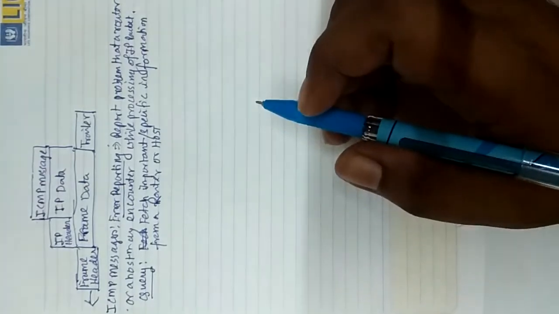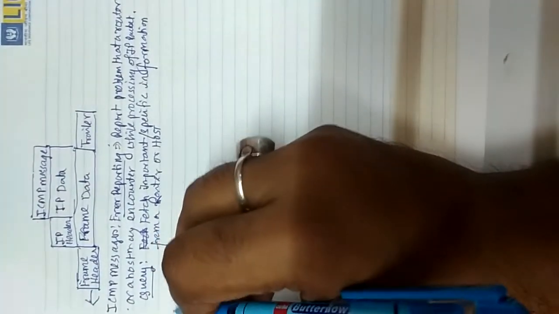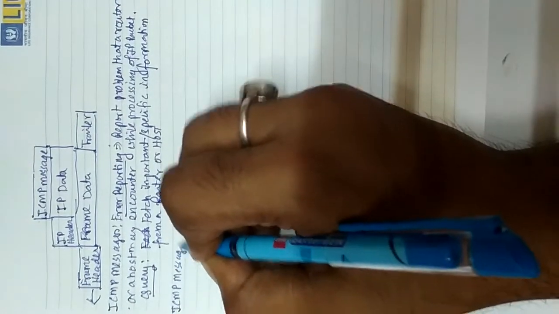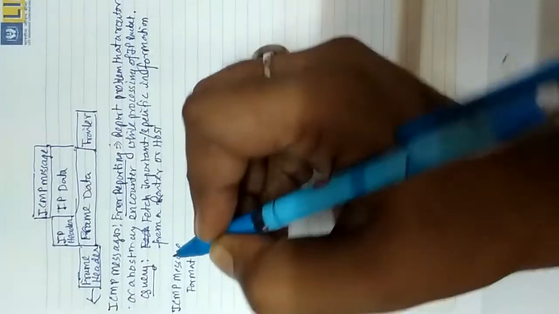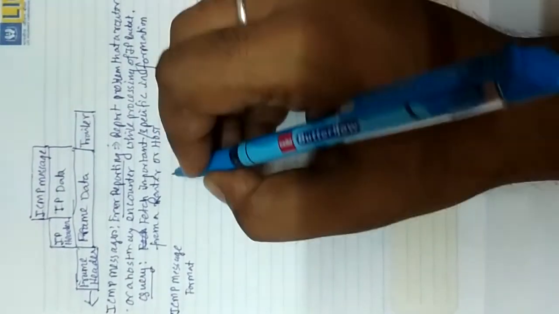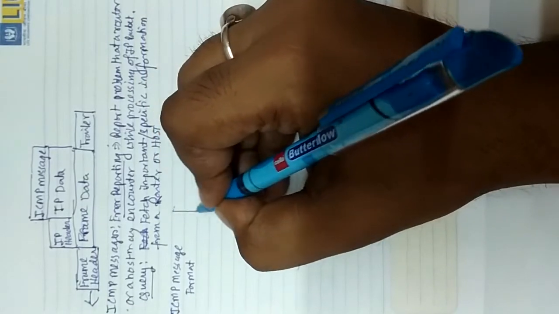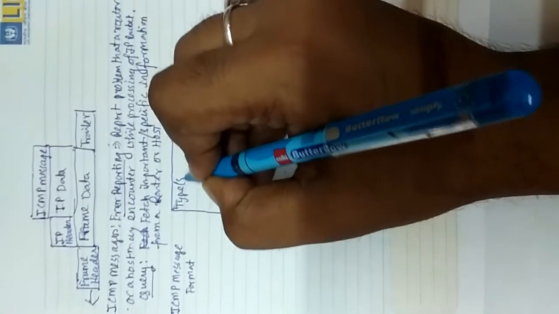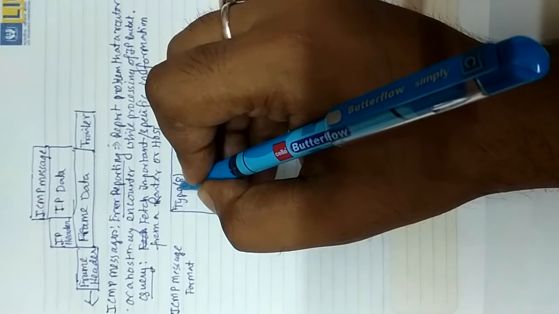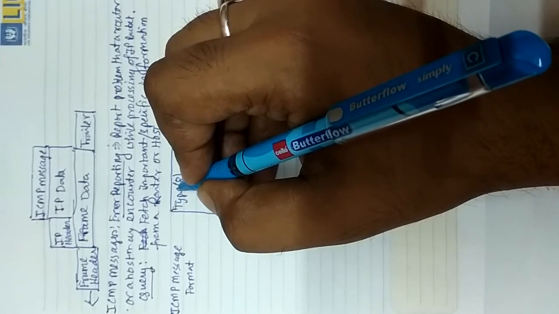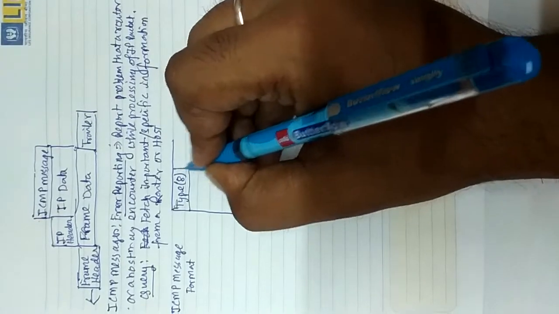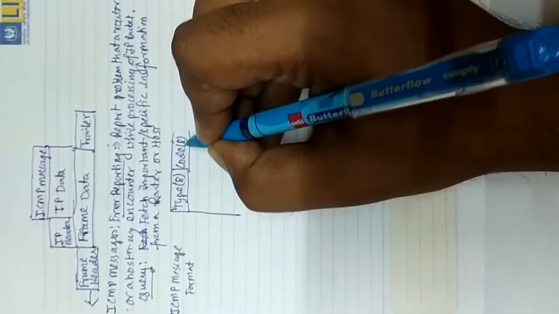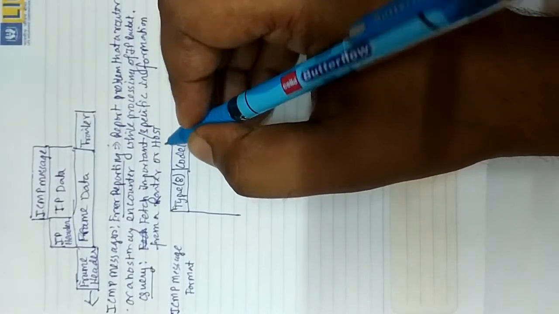Now let us see the ICMP message format. We have to remember this. Let us first draw. First it is type, of 8 bits. The type is the message type, either error reporting or query. Next is code. It also consists of 8 bits.